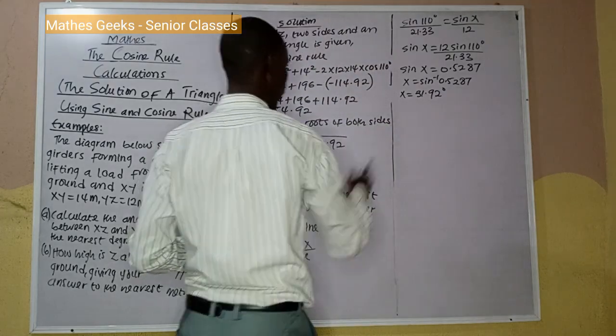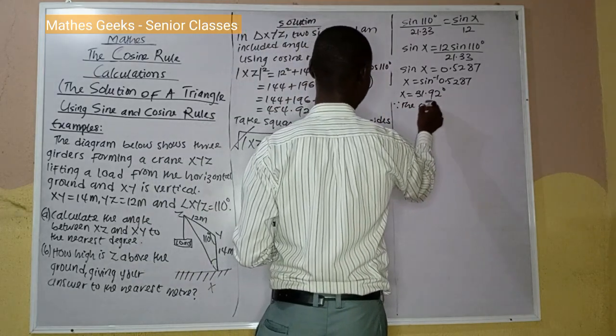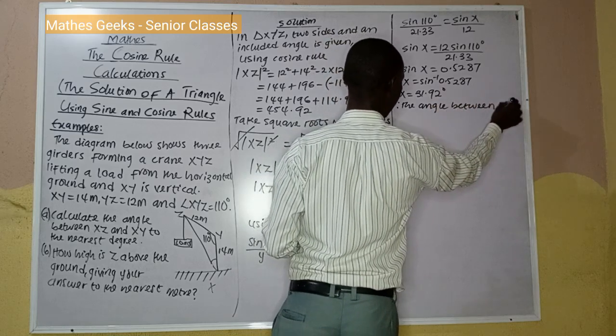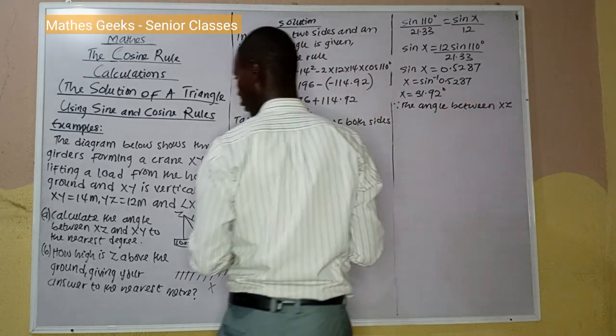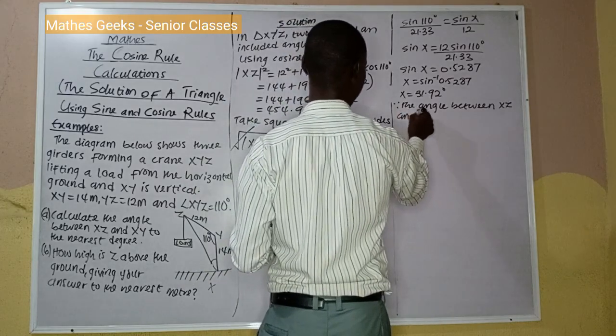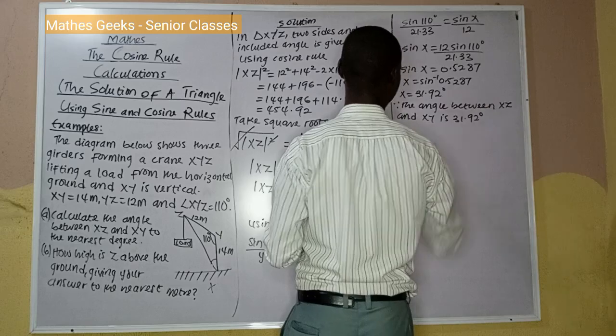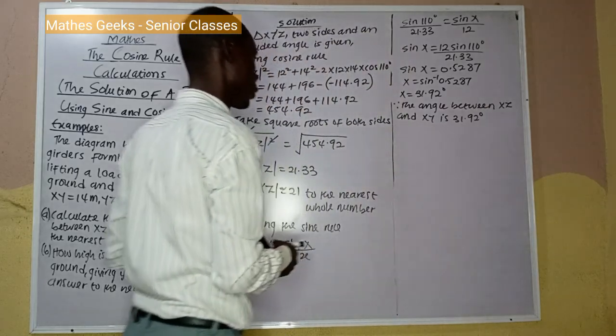So therefore the angle between XZ and XY is 31.92 degrees. That's the angle.